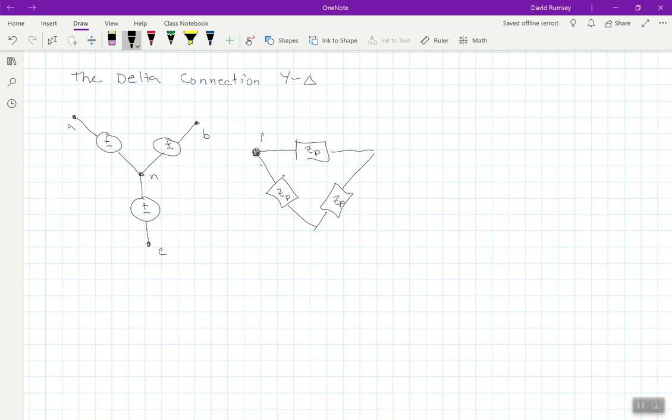This here is capital A, capital B, capital C, and when you connect this, you're still going to do the A to A, the B to B, and the C to C. Now, one thing we should notice is that there's actually no neutral connected up to here.